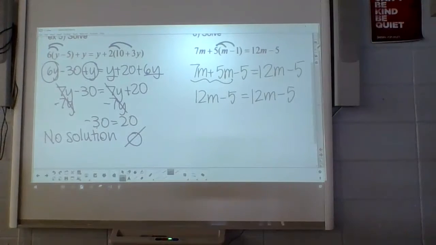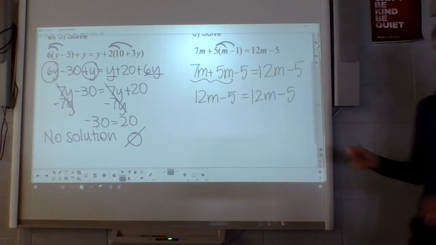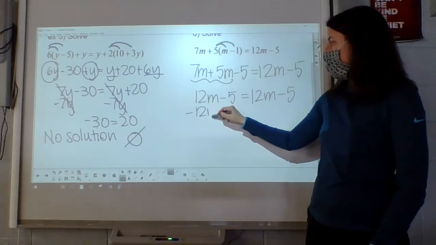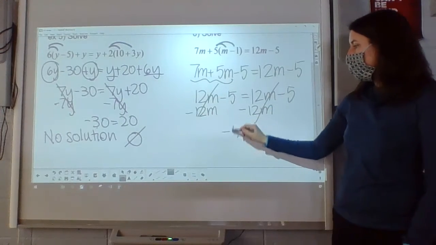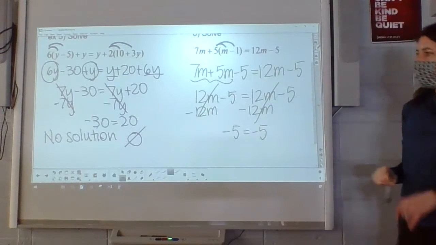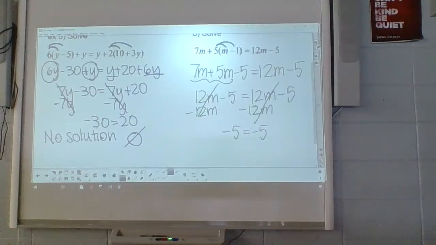You might be already thinking ahead a little bit, but I want to bring the m's together. So I'm going to subtract 12m, right? So negative 5 equals negative 5.